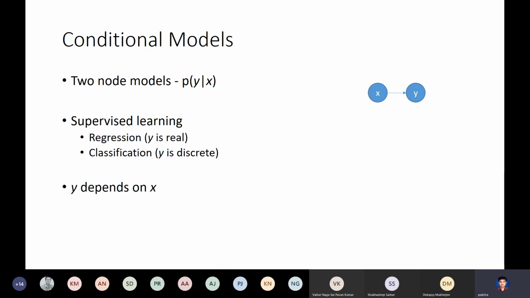But the difference from standard machine learning regression and classification is that we are not just interested in a single value of Y given X, but we are interested in what are the possible values that Y can take given a single value of X, and what are the probabilities of each of these possible values. That's what the conditional model finds out.